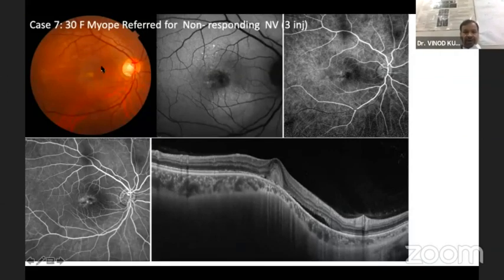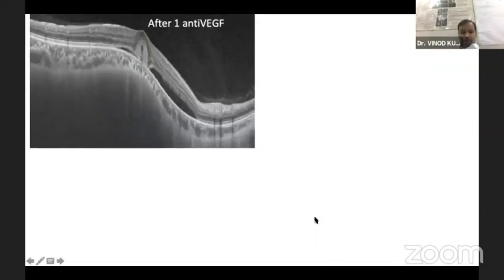This patient is a case of high myopia. She had been referred to us for non-response to 3 injections of intravitreal anti-VEGF. The AF shows some hyperfluorescence indicative of chronic fluid. FA does show a pinpoint leakage, and OCT is suggestive of intraretinal hyperreflectivity and some subretinal fluid, which suggests CNVM with subretinal fluid.